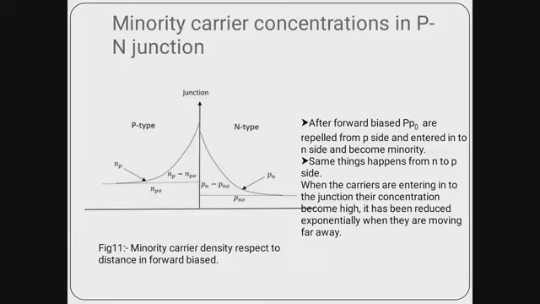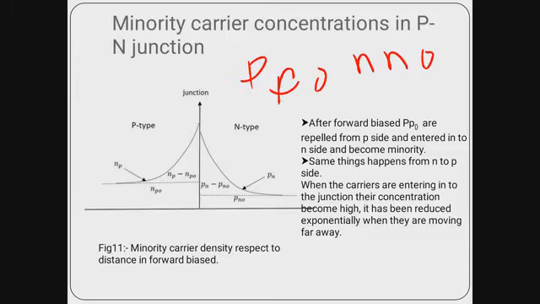For P-type, the majority carriers are holes under equilibrium conditions, which is denoted by Pp0. But in case of N-type, the electrons are majority, denoted by Nn0. P0 for P-type majority carrier holes under equilibrium, and N0 for N-type semiconductor under equilibrium condition.